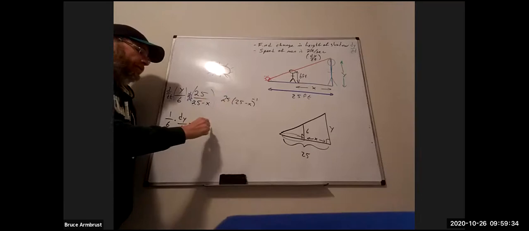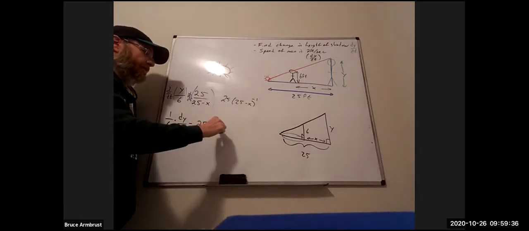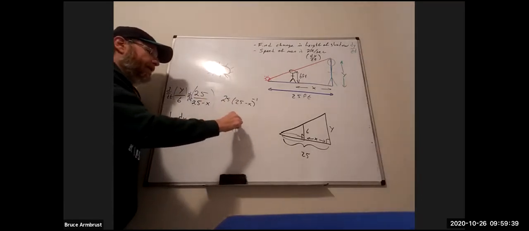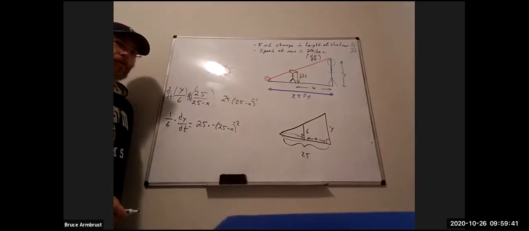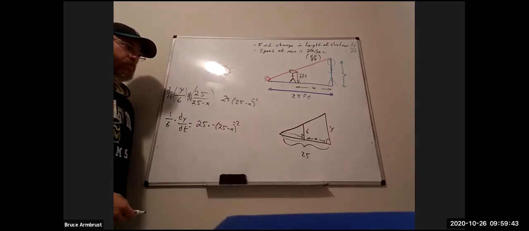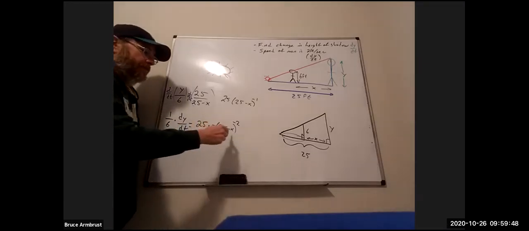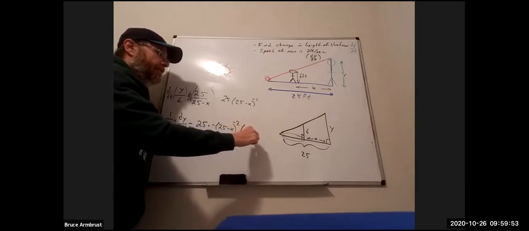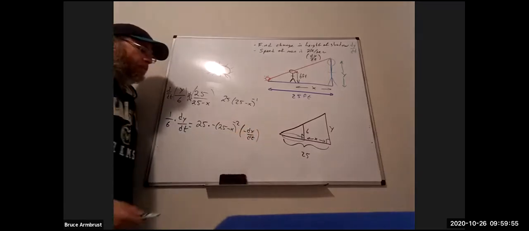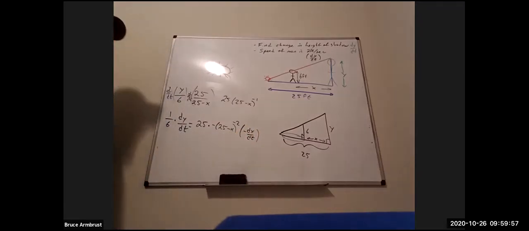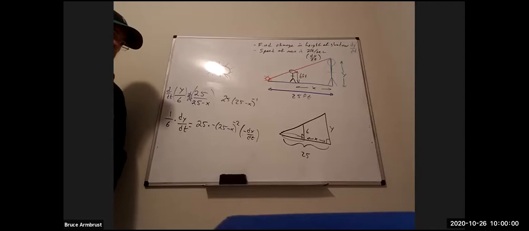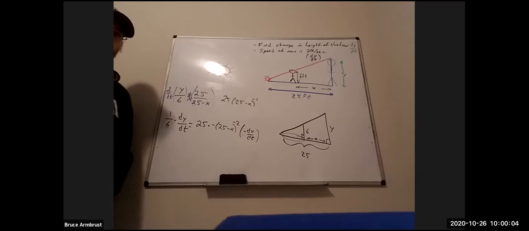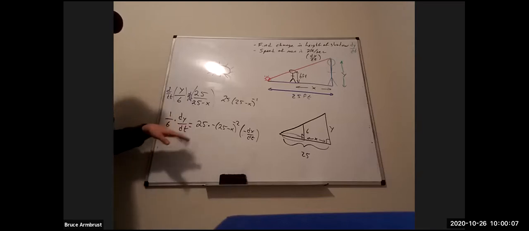So we're going to do the chain rule. So it's going to be times -1 times (25 minus x) to the -2. And then times the derivative of what's inside, which is a negative dx/dt. So before we move on, let me just walk through this again.